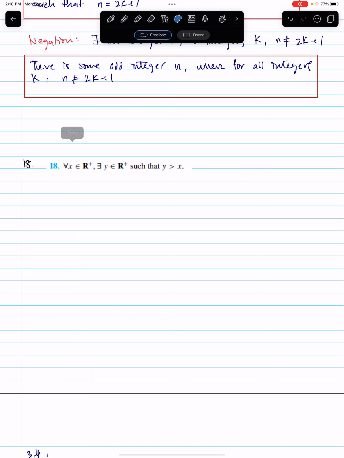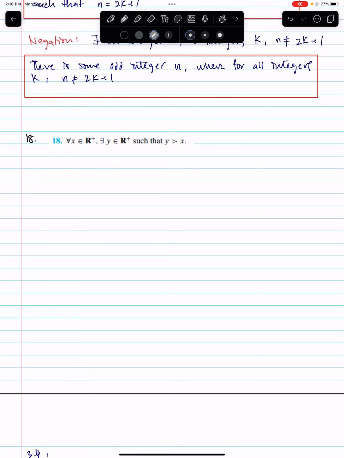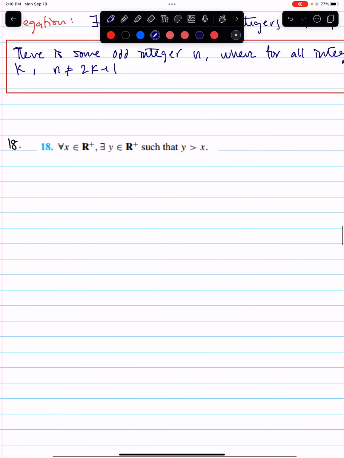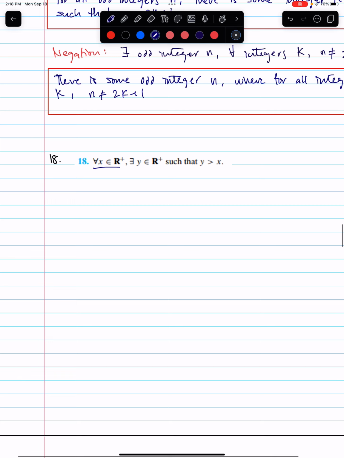18. Says for every number x, which is an element of the set of positive real numbers, there exists some element y in the set of positive real numbers such that y is greater than x.